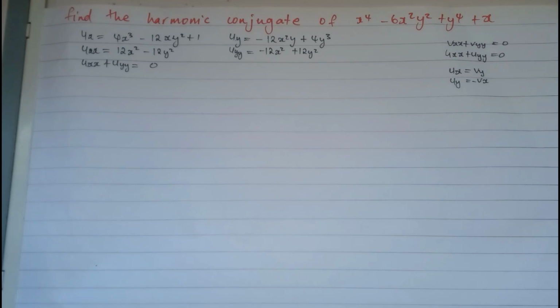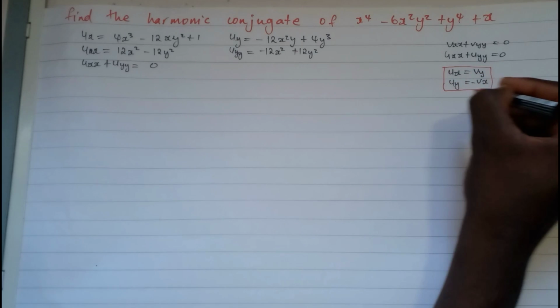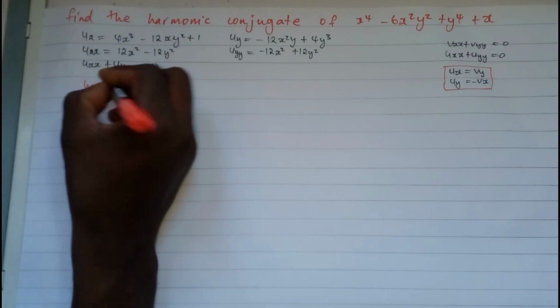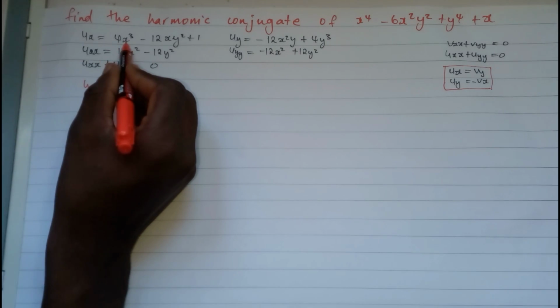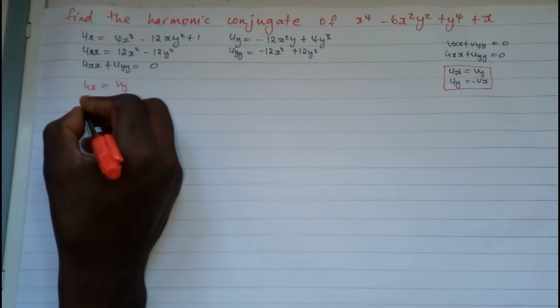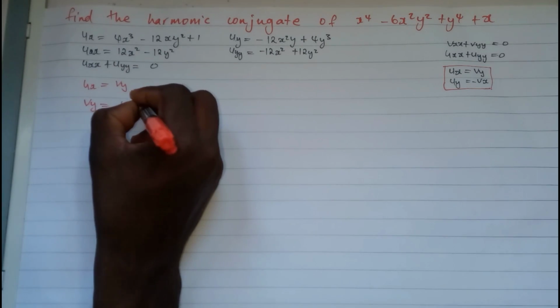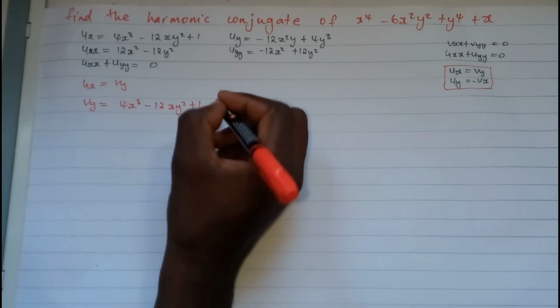Now I'm going to use these equations. First of all, I'm going to use ux. We said ux equals vy, and I have ux here. So I'm going to say vy is equal to 4x to the power 3 minus 12xy squared plus 1.